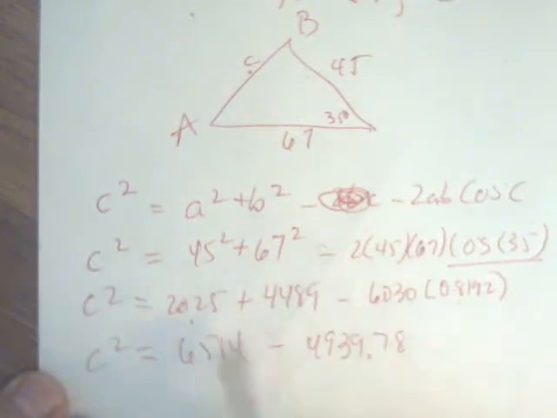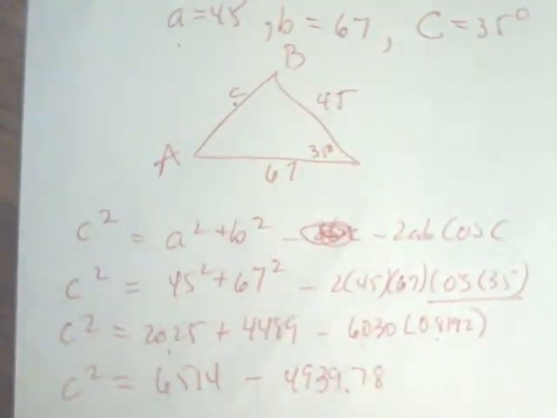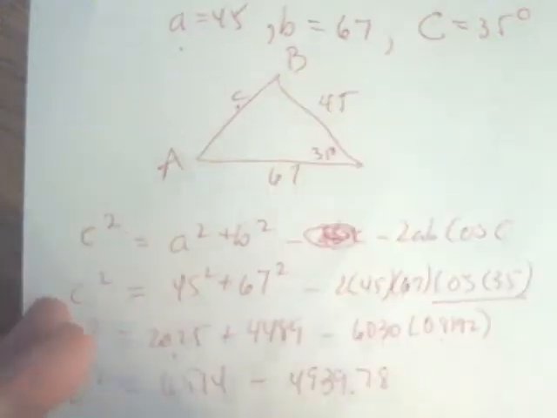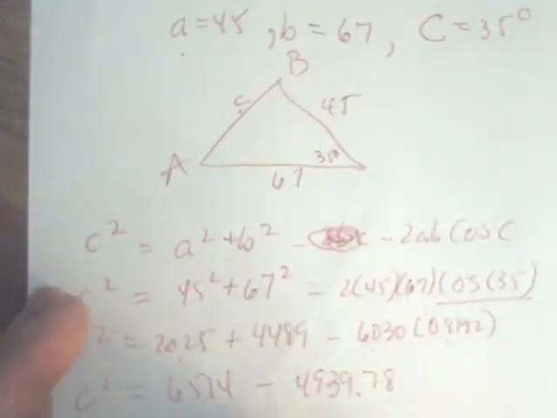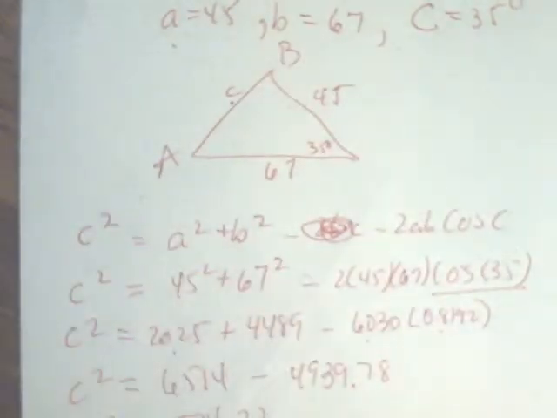So work these with me as we go along. Now I subtract these two, and I get c squared is 1574.22.